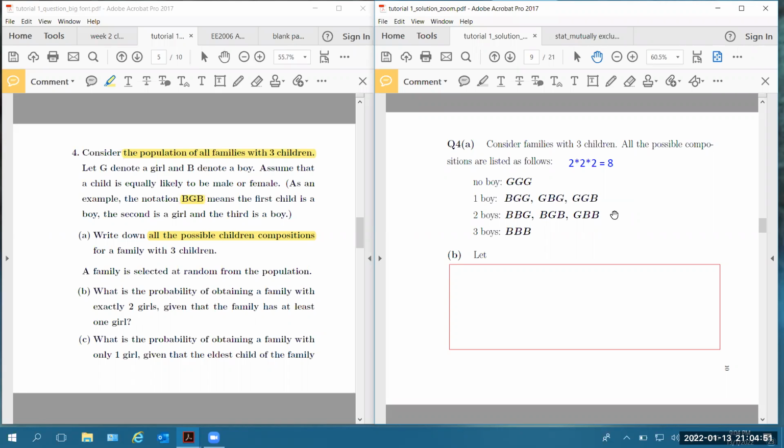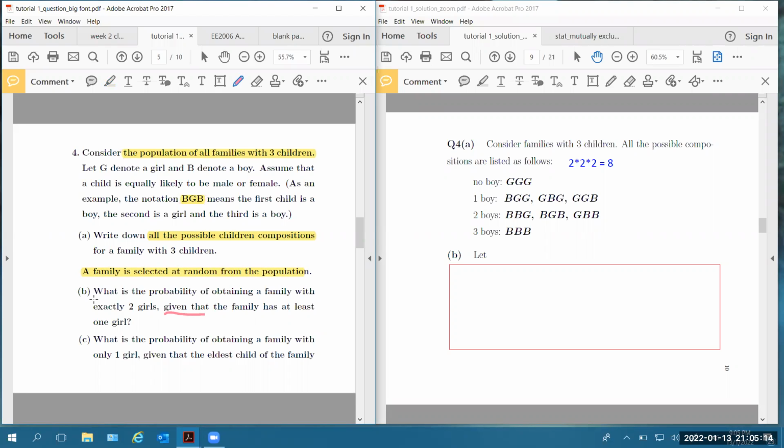All right, so let's go and do part B. A family is selected at random from the population. What is the probability of obtaining a family with exactly 2 girls, given that the family has at least 1 girl?